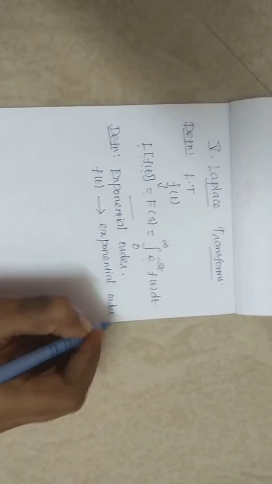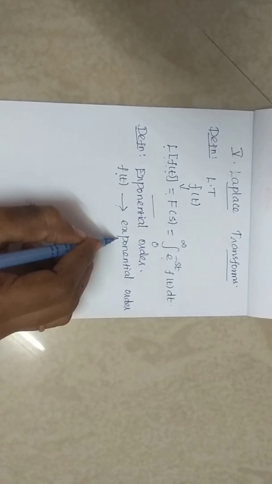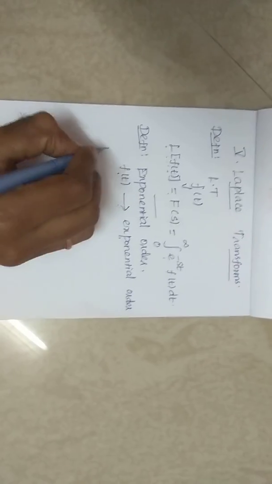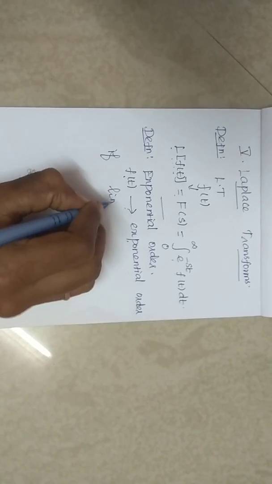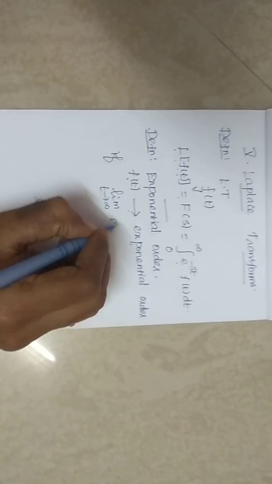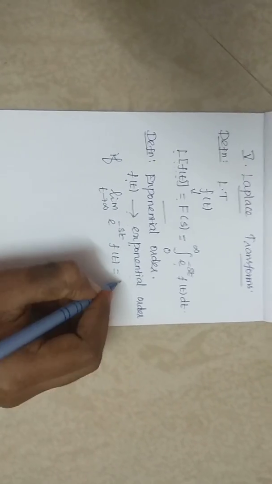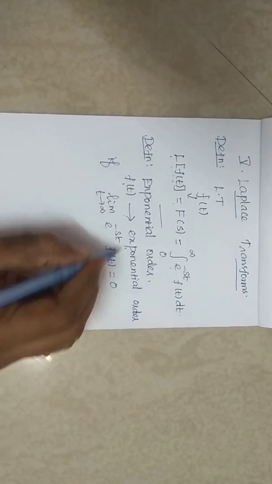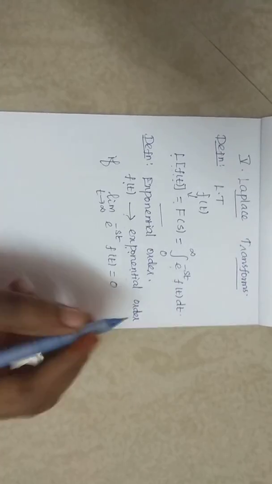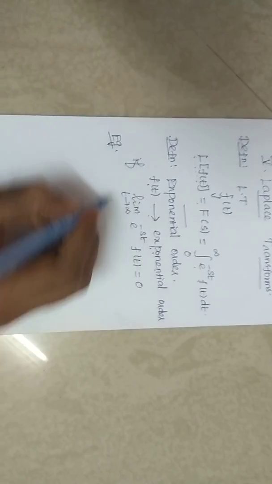A function f of t is said to be of exponential order if it satisfies one condition: the limit as t tends to infinity of e power minus st f of t is equal to 0. Then we can say the function f of t is of exponential order.